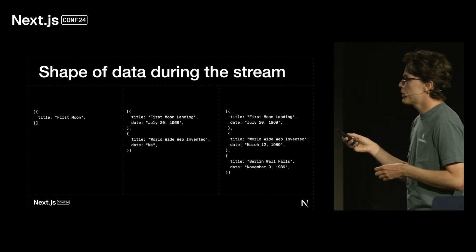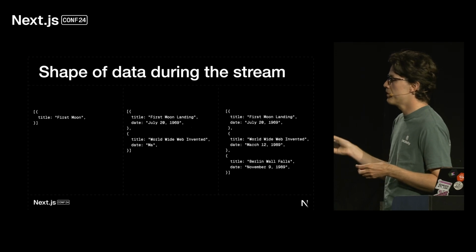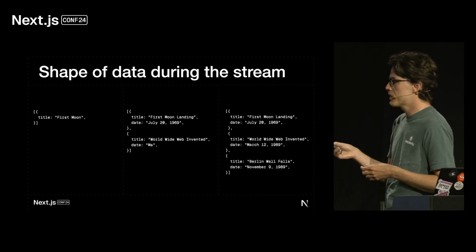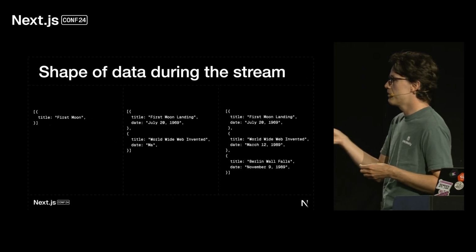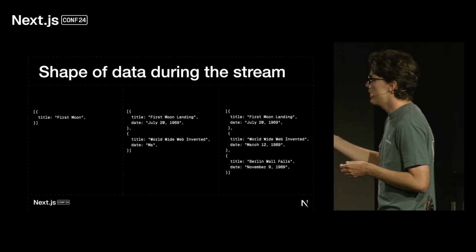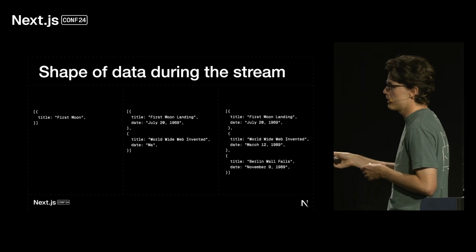This is the shape of the data during the stream. We have 3 frames. On the first frame, we only see an incomplete first item. The second frame contains a complete first item and an incomplete second item, and the third frame contains the result state.